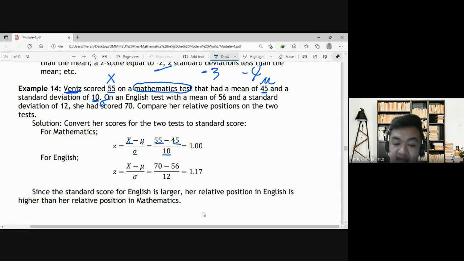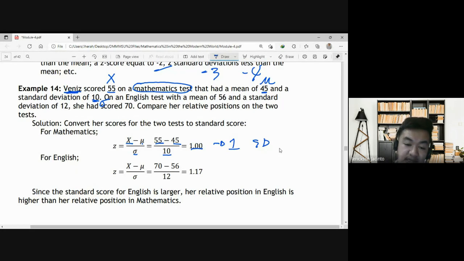Standard deviation is 10. So you're just going to substitute that one. 55 minus 45 is 10, divided by 10 is equal to 1. So our answer there, or the standard score, is 1. At kung maaalala nyo, kung 1 yung sagot, this is the first standard deviation.